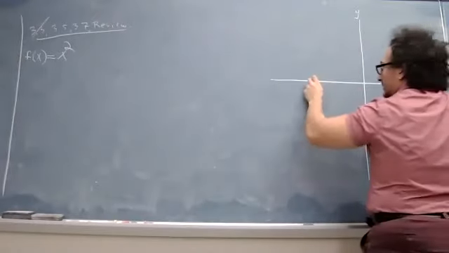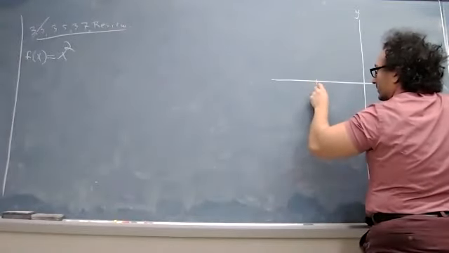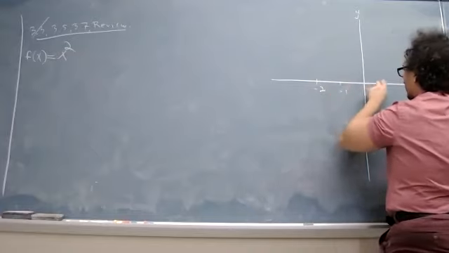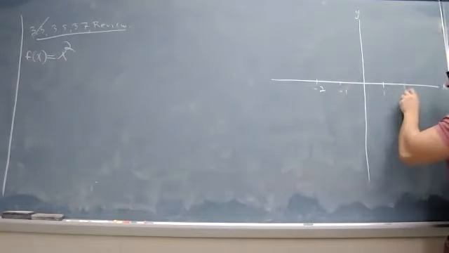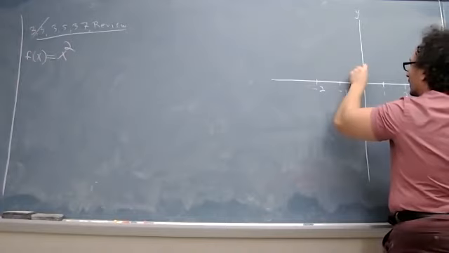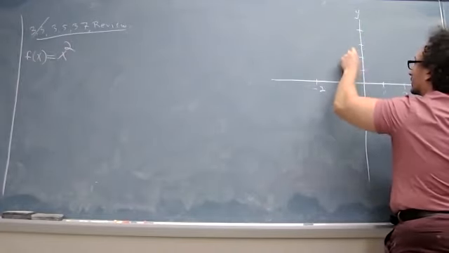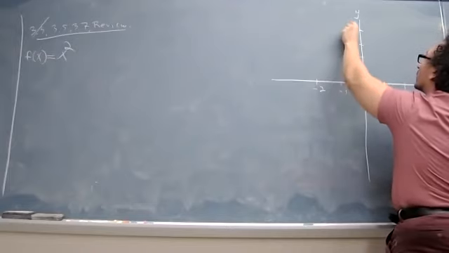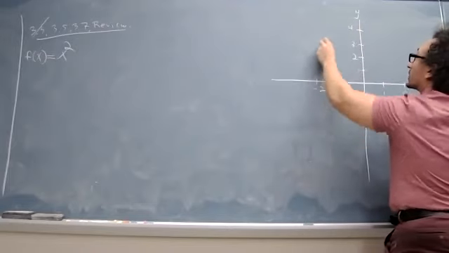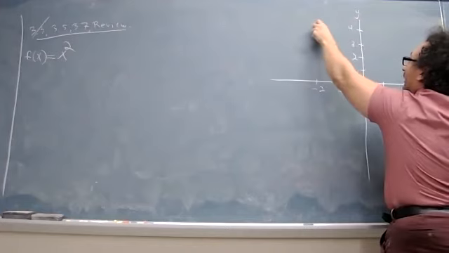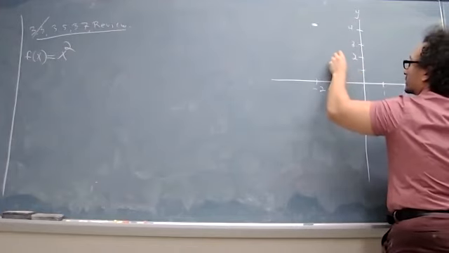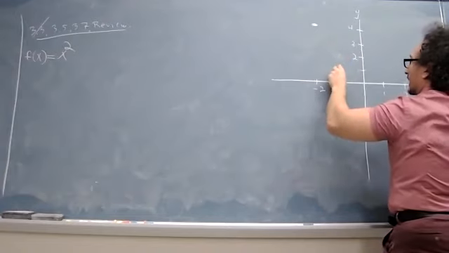We know what this function looks like. At -2, it produces a 4, put a dot, and at -1, it produces a 1, and put a dot.